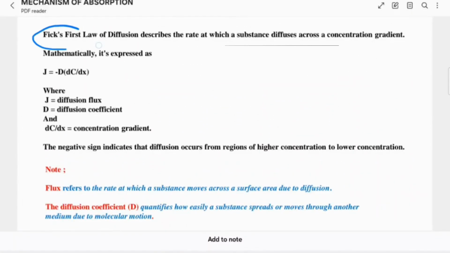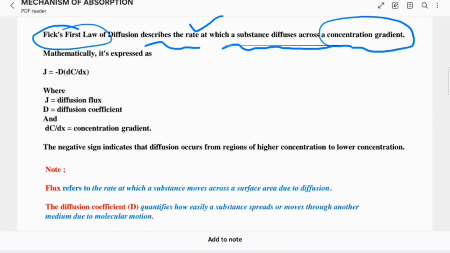Fick's first law of diffusion. This law describes the rate, or you can say the speed, at which a substance diffuses across the concentration gradient.